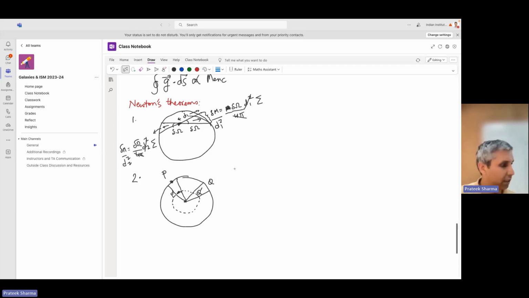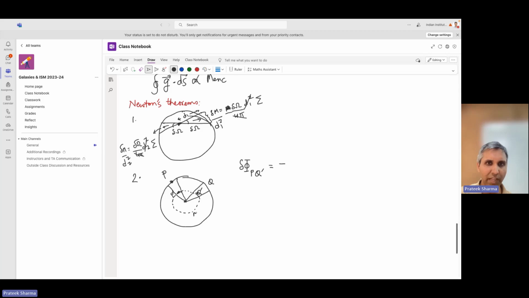So the potential at point P due to mass at Q prime. This mass is causing potential at this location, the place where we want to calculate potential.